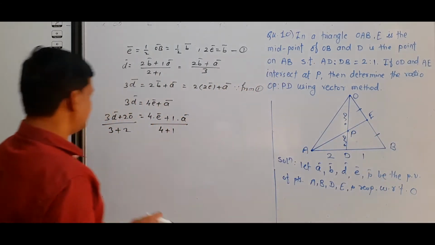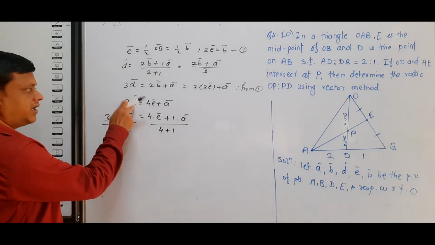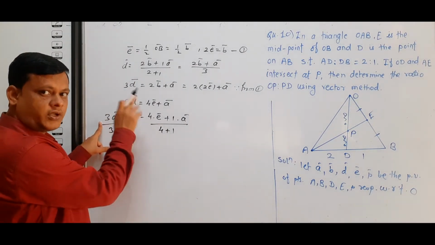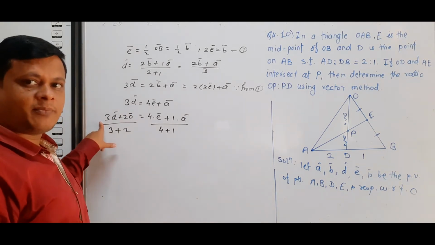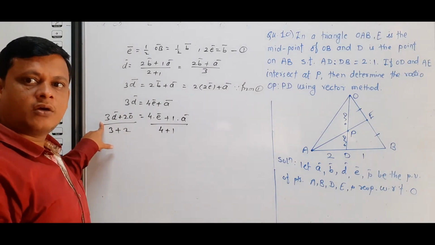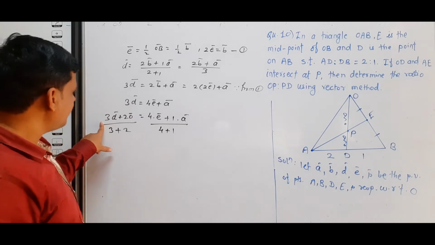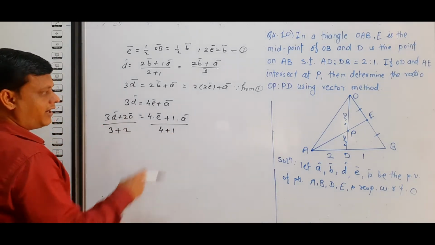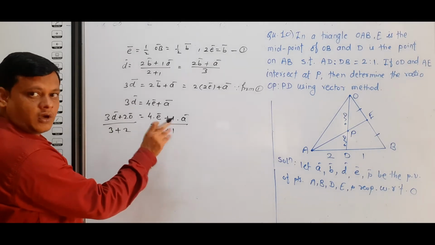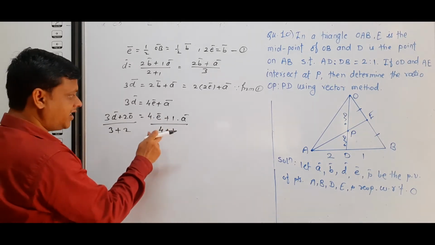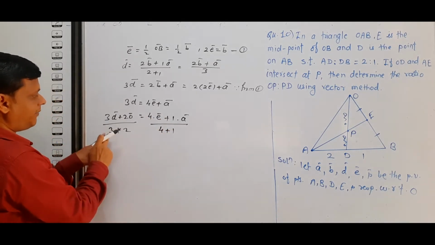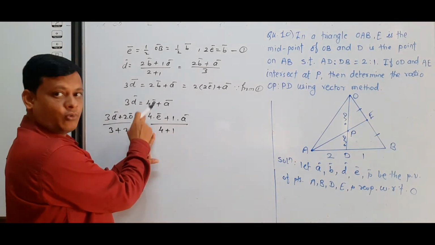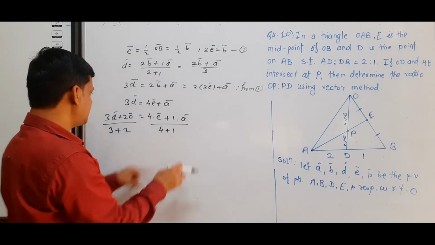So we write here this vector D bar as 3D bar plus 2 into 0 vector. We see the property: if we multiply by any scalar to 0 vector, we get 0 vector. So we have to divide both sides by 4 plus 1, that is 5. So we split up that 5 as 3 plus 2. In RHS we require a ratio 4 is to 1, so we write here 4 plus 1.